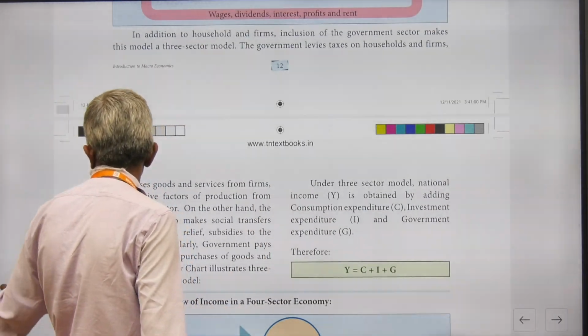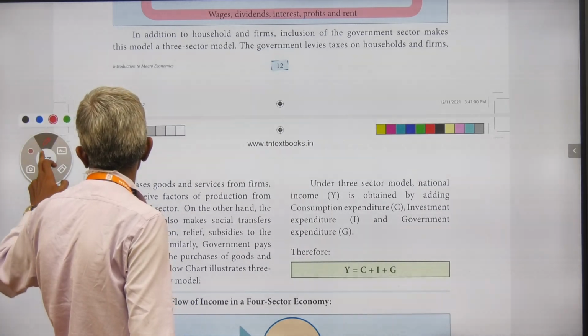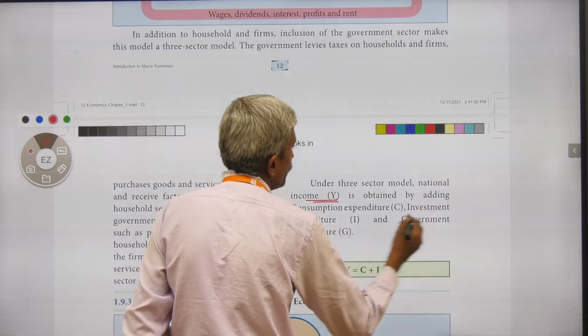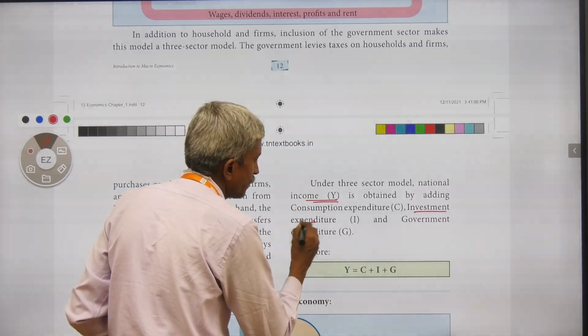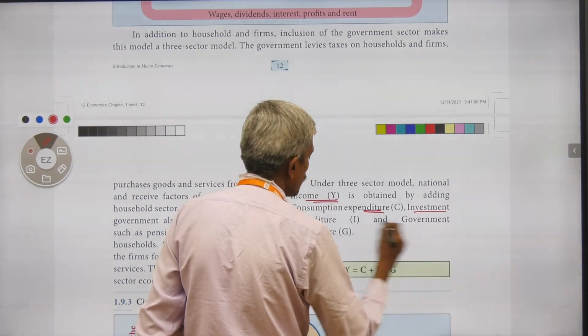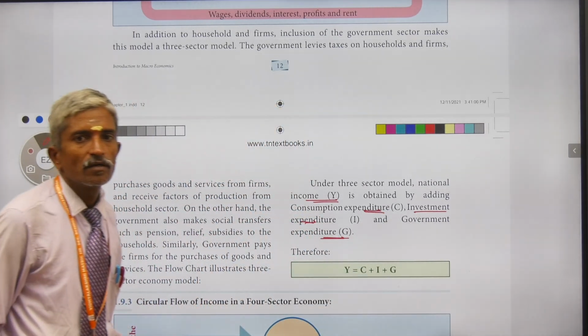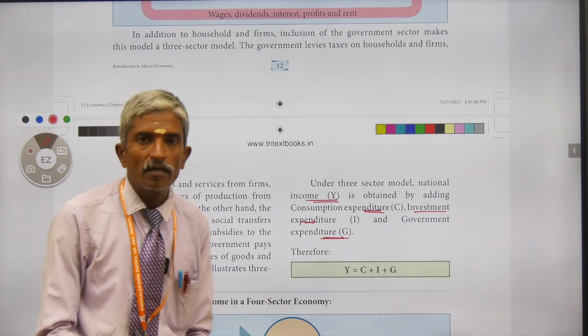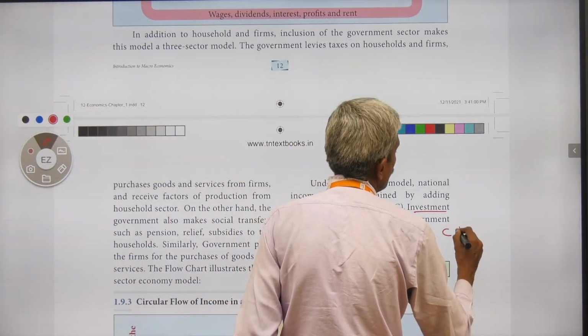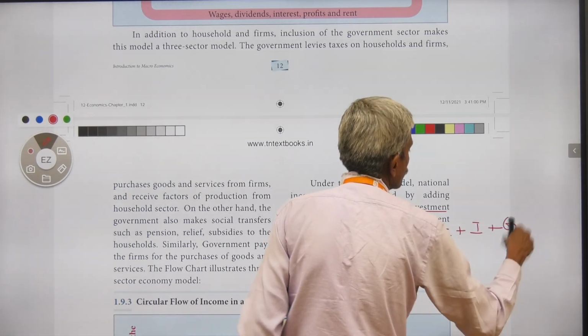I think the technical terms will be easy for us to understand here. Income refers to Y, I refers to investment. At the same time, the investment is also expenditure, and C refers to consumption. Government is G. In the 3-sector model, government is entering. So now we have to write C plus I plus G.